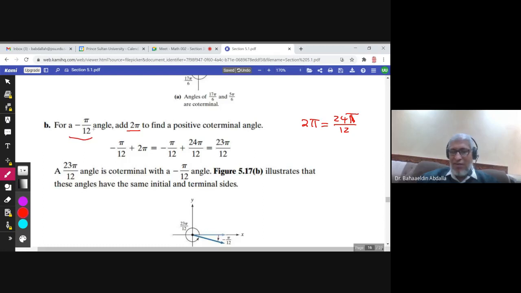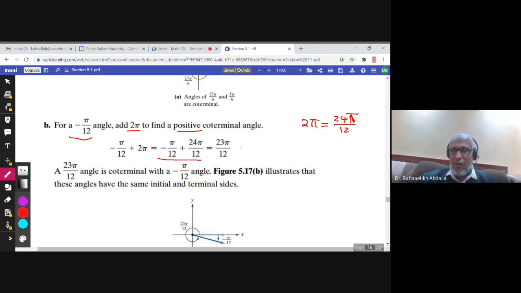But this is a negative angle. So if you subtract, you will get another negative angle, and I need a positive angle. Okay, so I will add, not subtract. So by adding 24 pi over 12, the denominator is 12, so you just add the numerators. 24 minus 1 is 23. So the angle is 23 pi over 12.